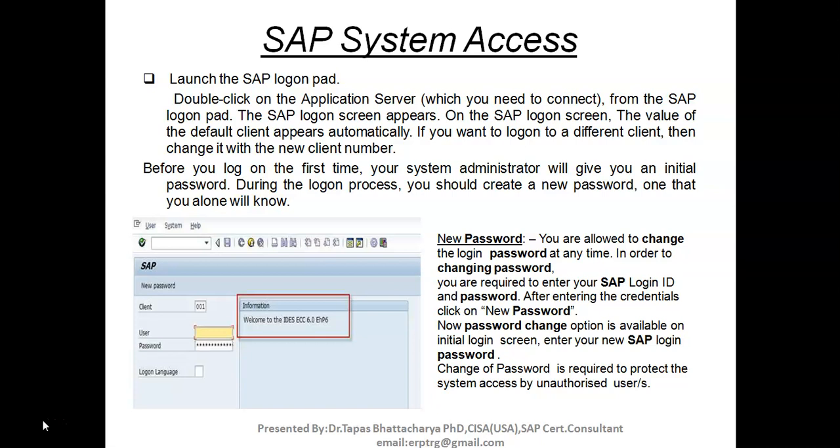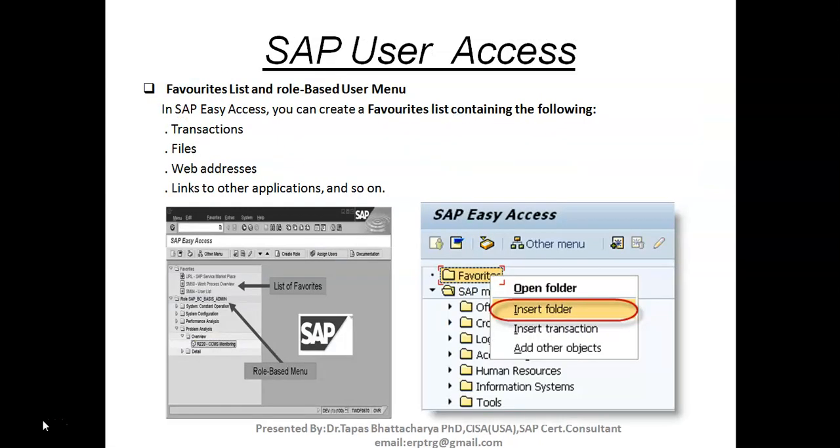As and when you enter the system successfully, you change your password for protecting your information and your system's integrity. The next slide shows you the basic screenshot of the SAP system.